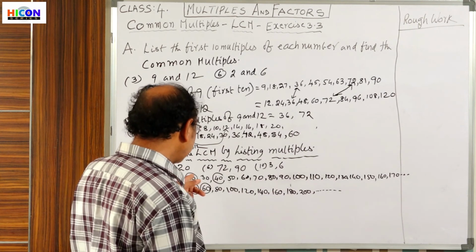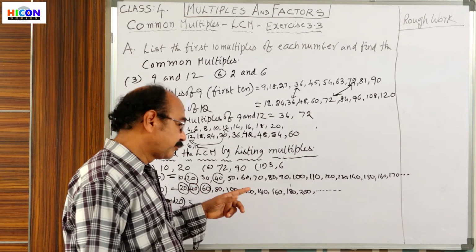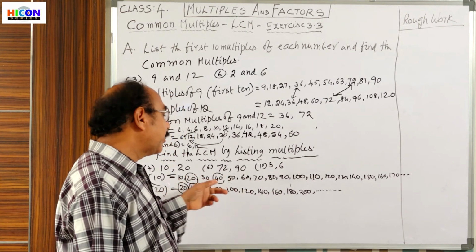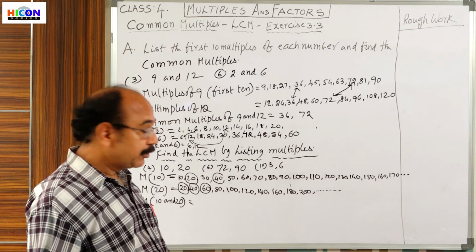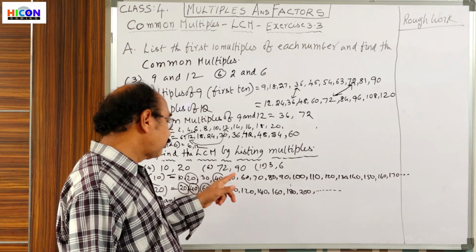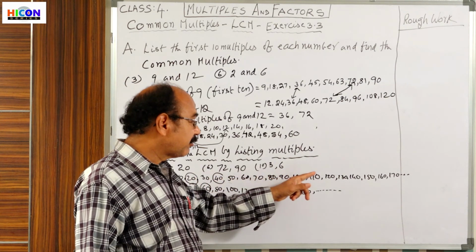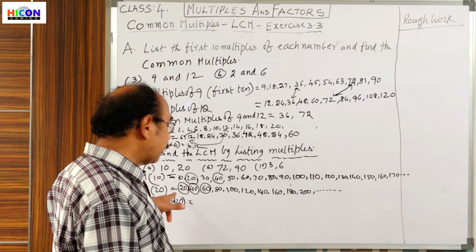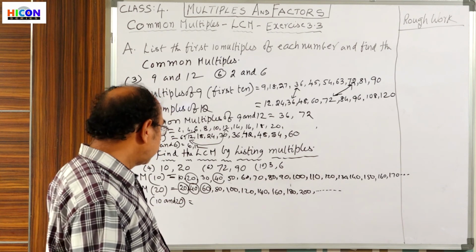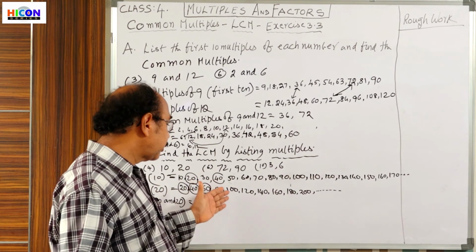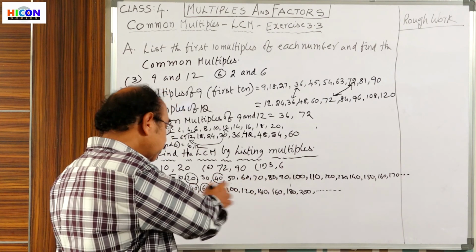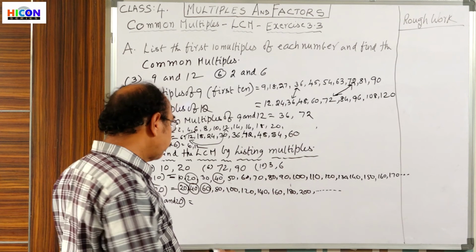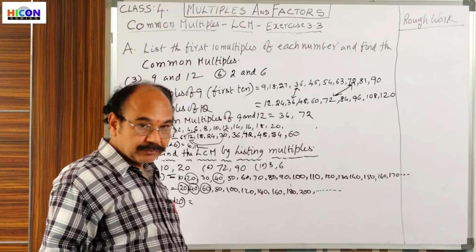In all these, just by adding 10, we continue with the numbers. Multiples of 20 means 20, 40, 60, 80, 100, 120, 140, 160 and so on. That means just by adding 20, the multiples continue.